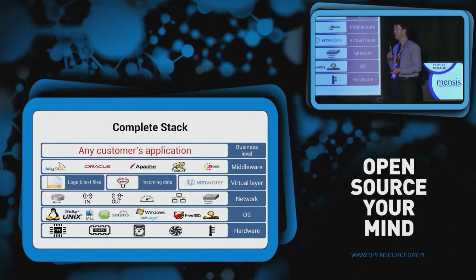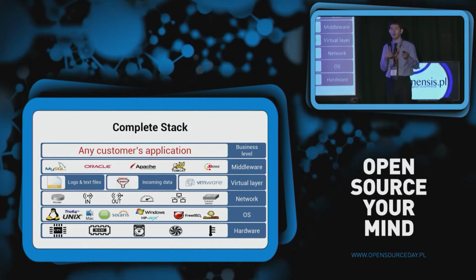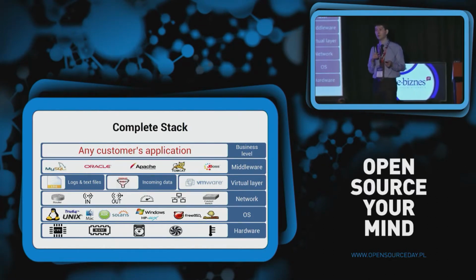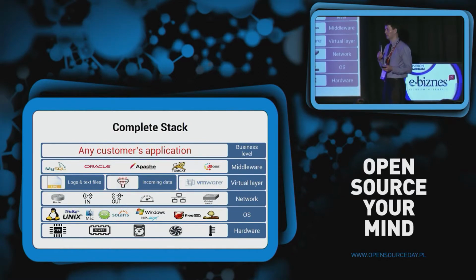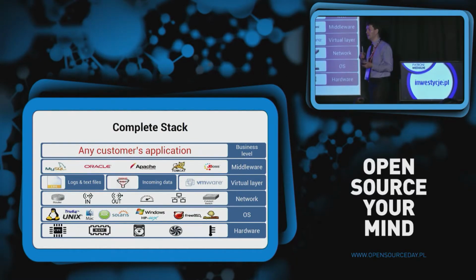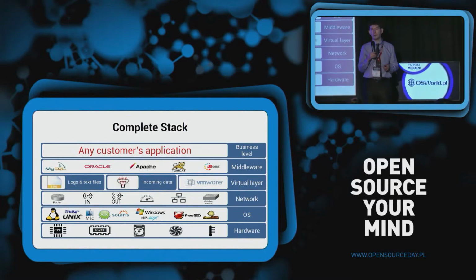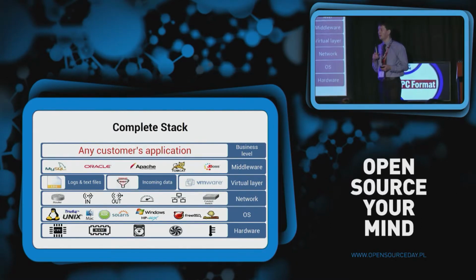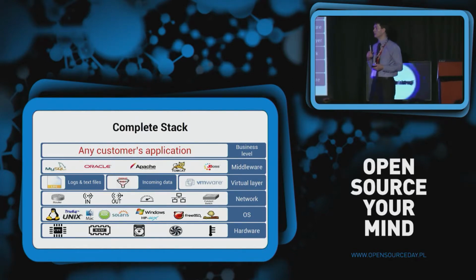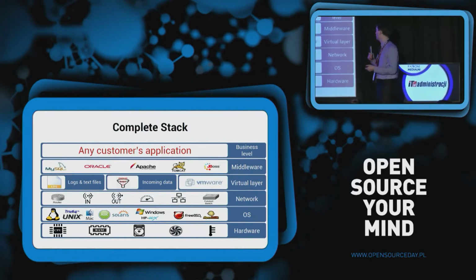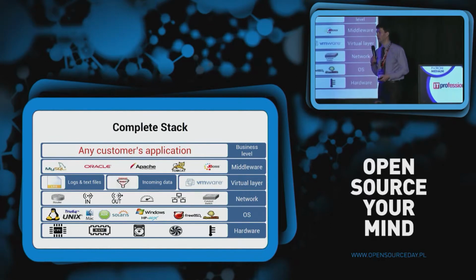And the virtual layer. Zabbix provides you with an out-of-the-box solution for monitoring VMware infrastructure, and it's very high performance and highly scalable. We did this work for one of the cloud providers in Japan, and they use Zabbix to monitor a large VMware setup.